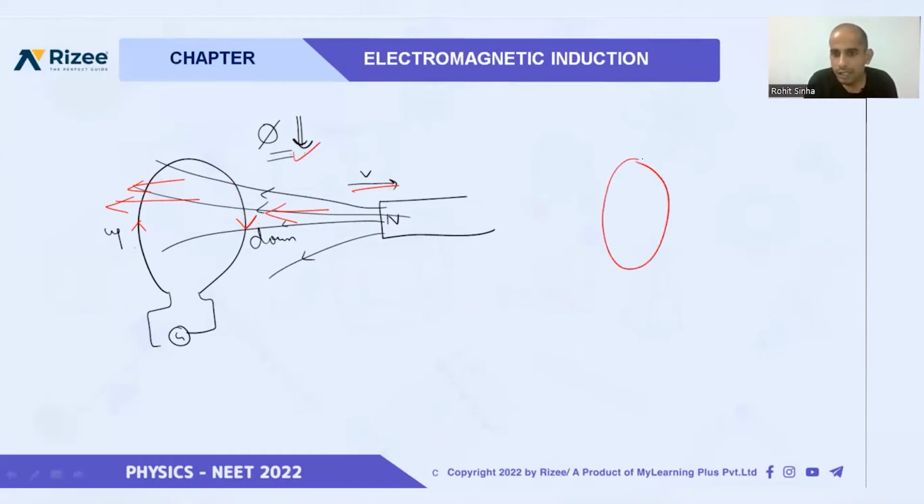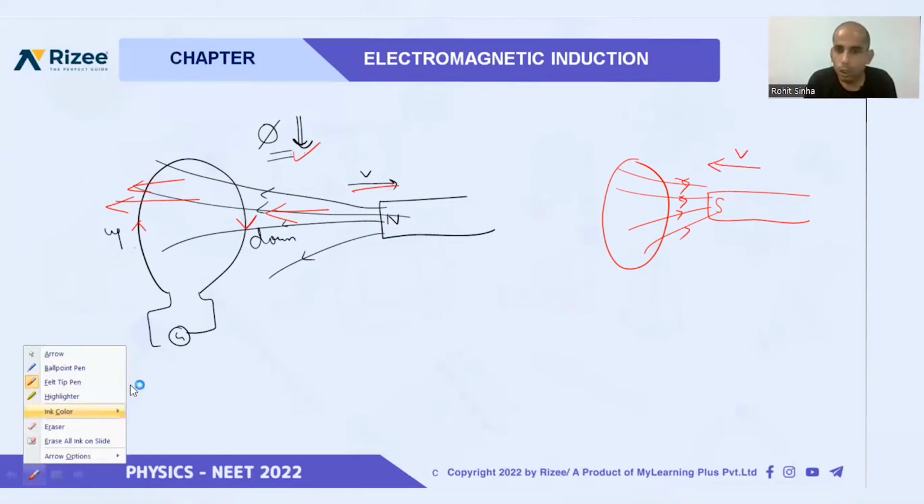Suppose, I think you're not getting a clear picture. See here, I will tell you one more example. Yes, we know the South Pole. Suppose we are bringing the South Pole toward the coil.